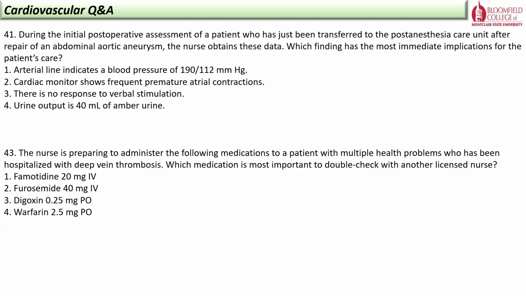So which medication is most important to double check with another RN? Professor, is it warfarin? Right. Anticoagulant medications are high alert medications, and they require special safeguards such as double checking of the medication by two nurses before administration.